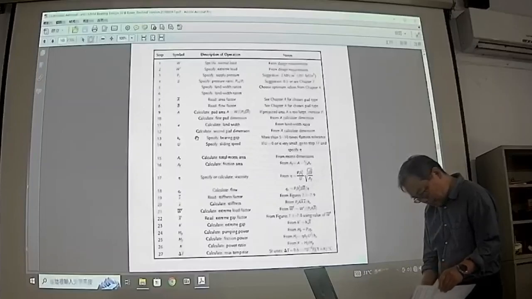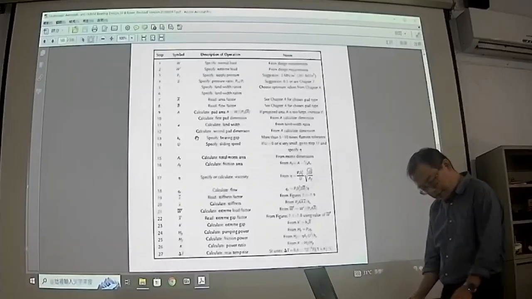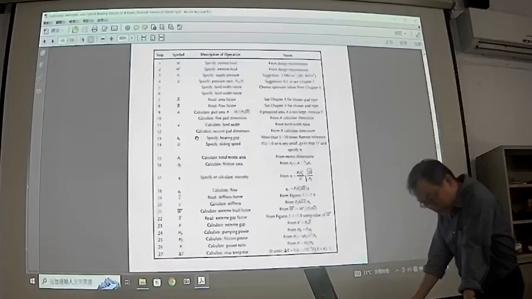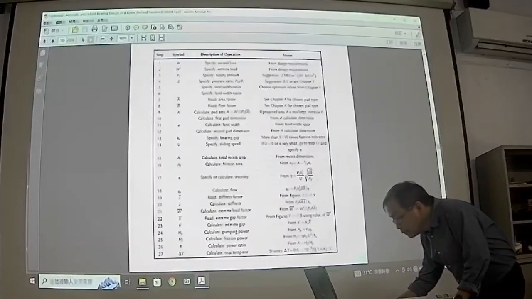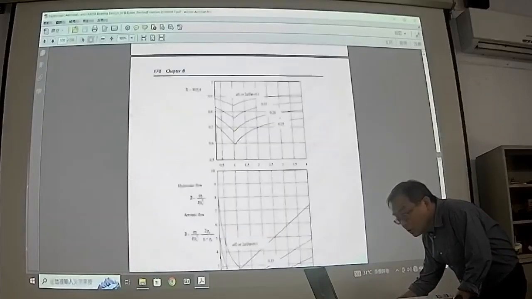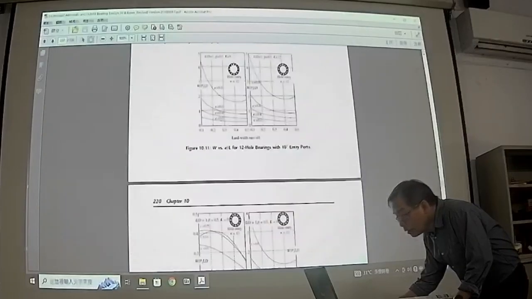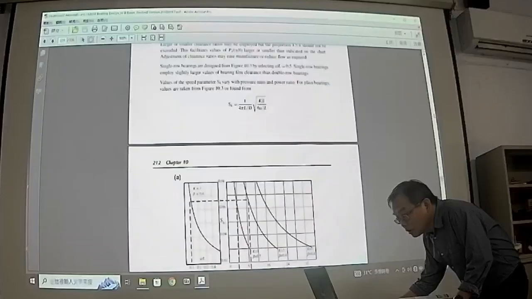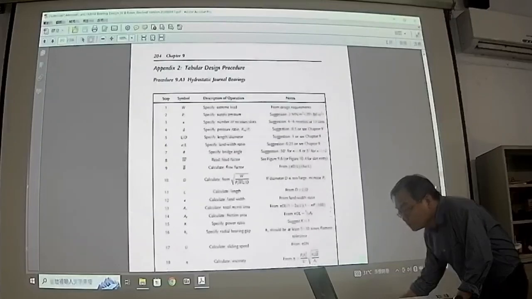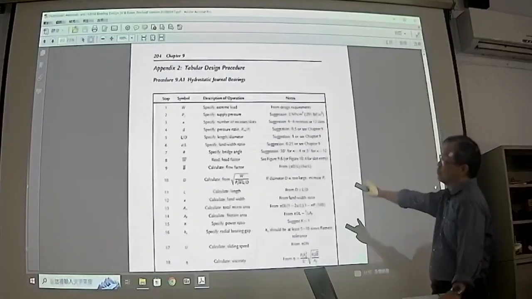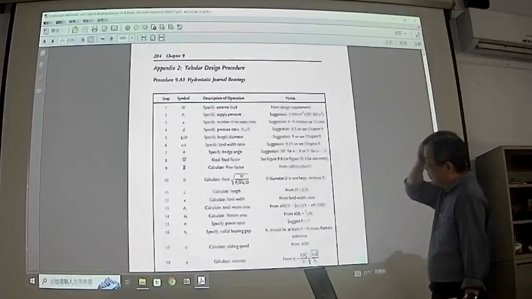You have one procedure to calculate the hydrostatic journal bearing, recess journal bearing.